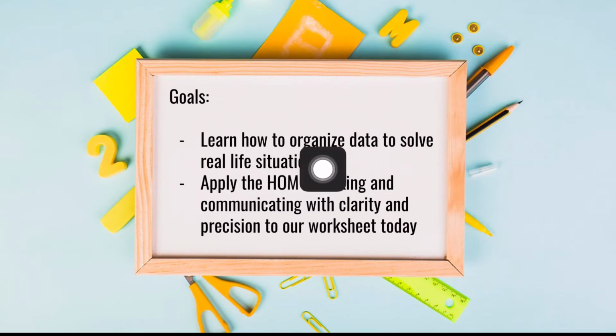Learn how to organize, how to fix information so that it will not be messy or confusing, to solve real situations. We're going to learn how to make sure that our data is not confusing, and how to make our data clear to the person who is reading it.